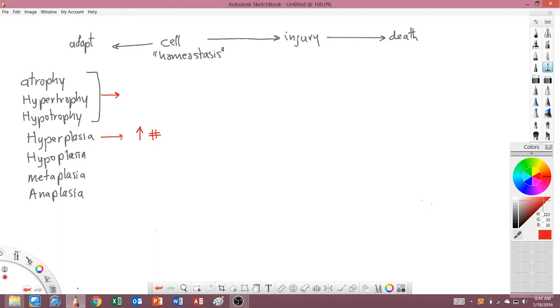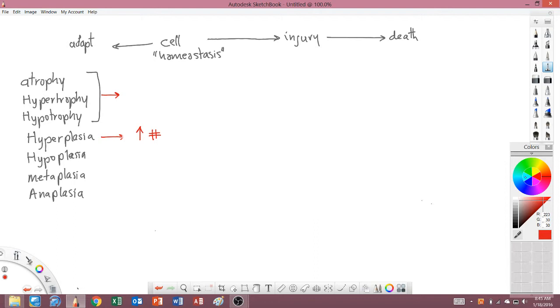Okay, so hyperplasia. Hyperplasia means increase in number, nothing to do with metabolic activity. The term literally means increase in number. Plasia means number, hyper means high, increased number. And the term hyper does not mean just high, it means abnormally high.